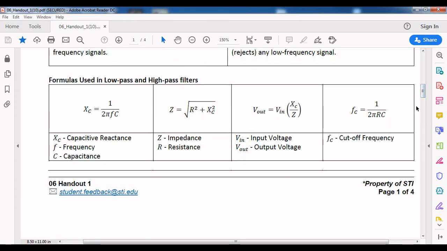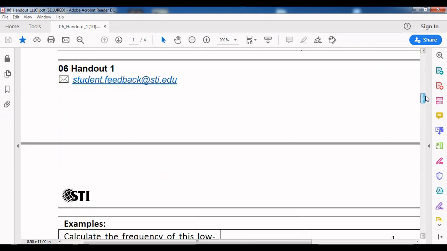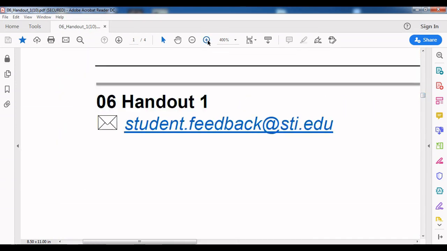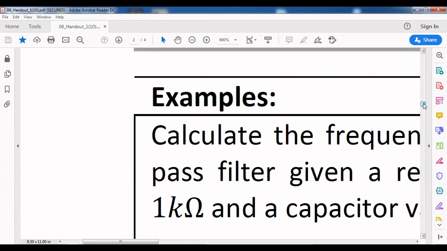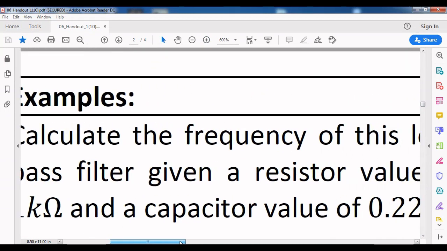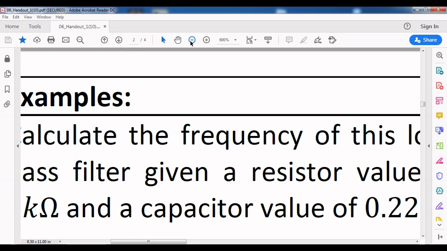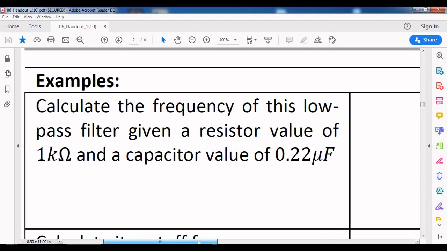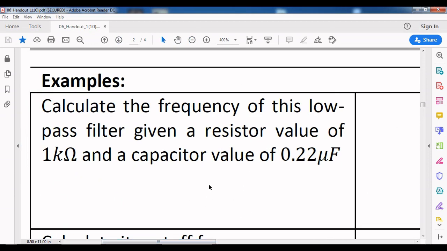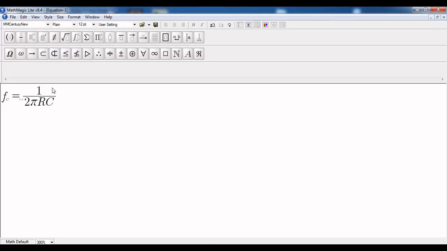So let's look at a specific example here. Okay, just a moment. So let's say we are to calculate the frequency of a low pass filter given a resistor value of 1 kilo ohm and a capacitor value of 0.22 microfarad. So as mentioned, our critical frequency is equal to 1 over 2 pi RC.